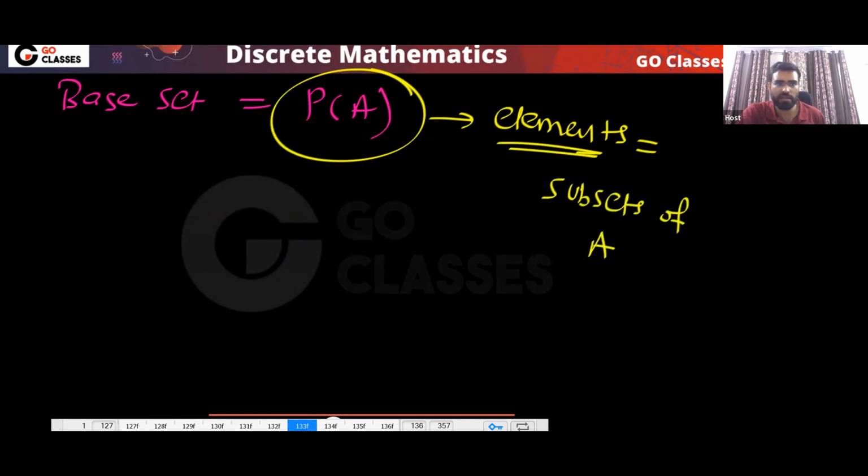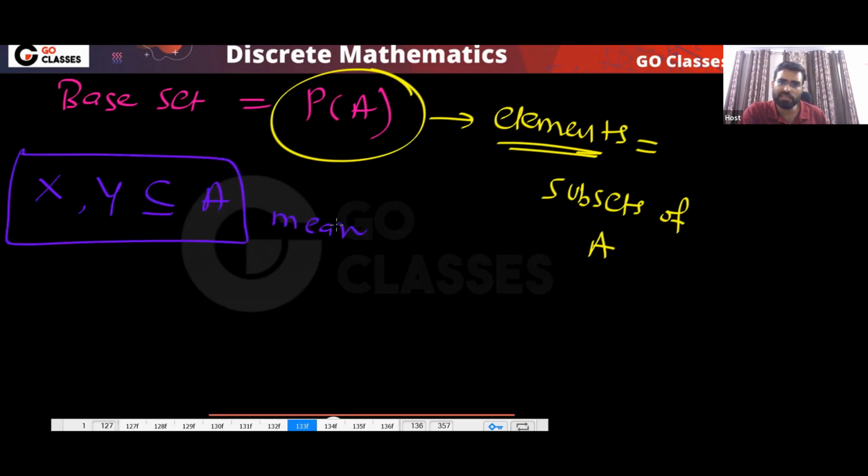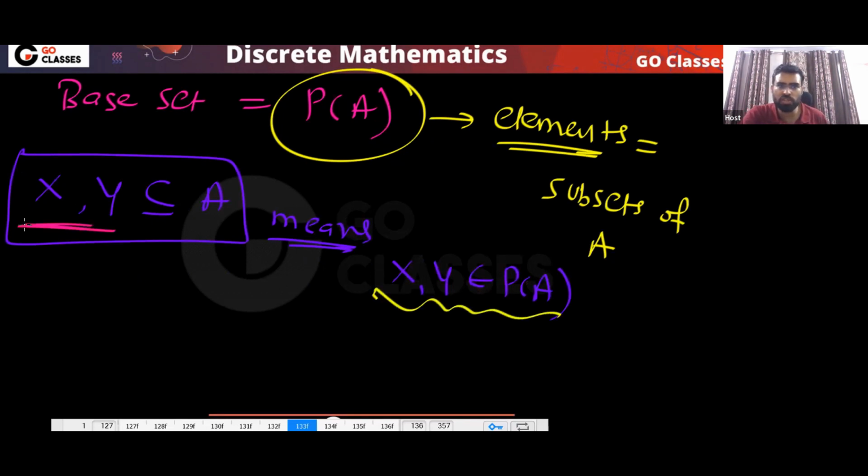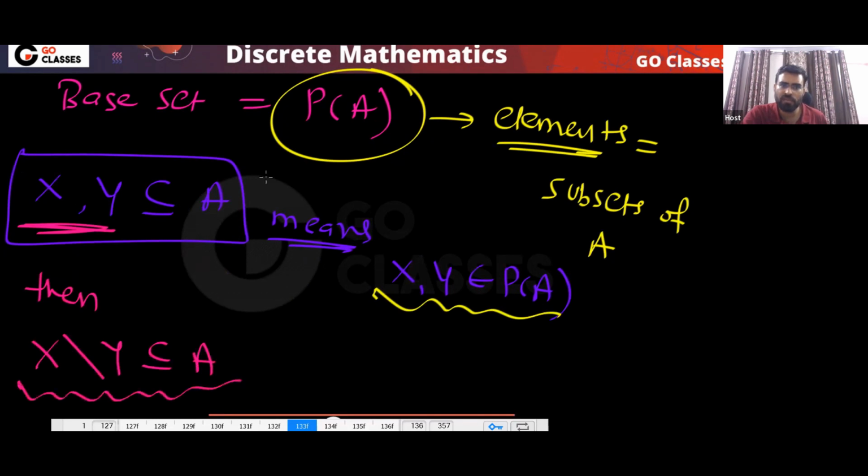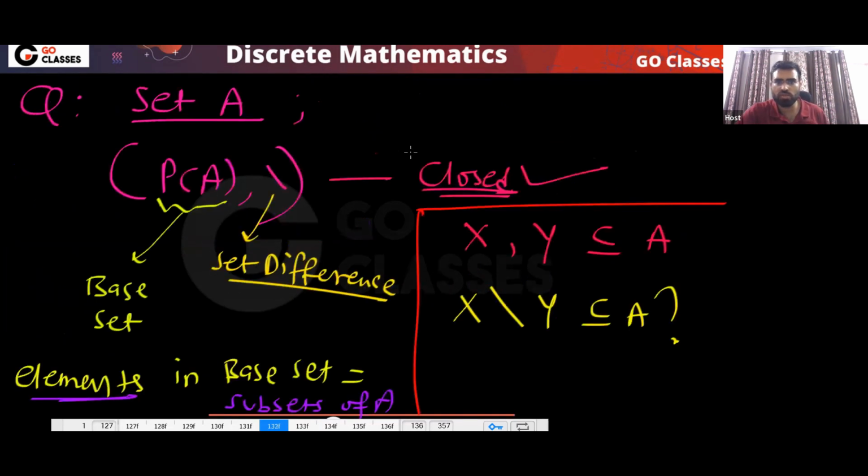Elements are subsets of A. So if you take two elements x comma y, which are subsets of A, it simply means that x comma y belong to power set of A. So they are in the base set. Now, if you take two things which are subsets of A, then definitely this difference also will be a subset of A, right? So this is the idea. So yes, this is closed.